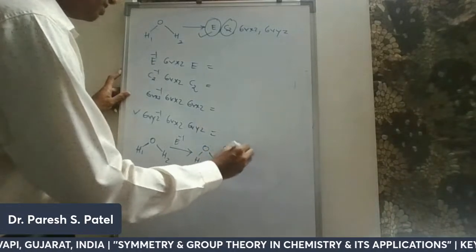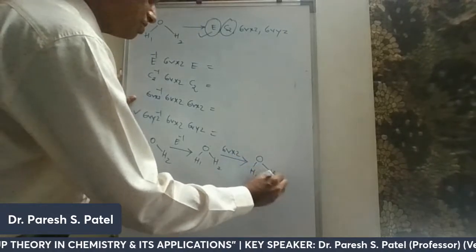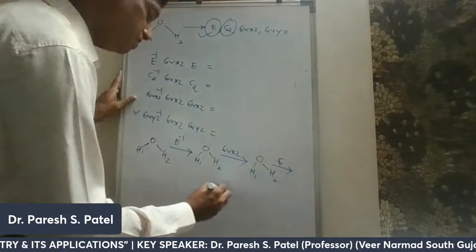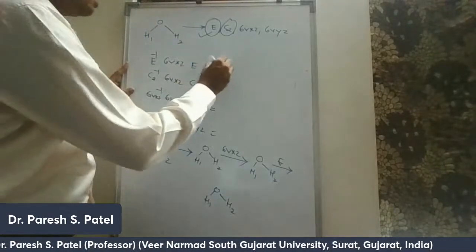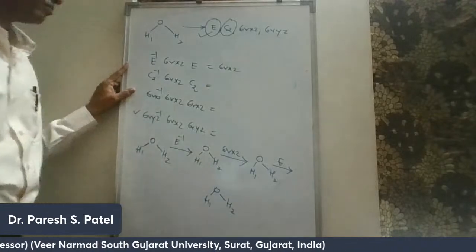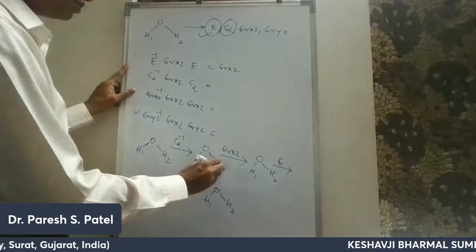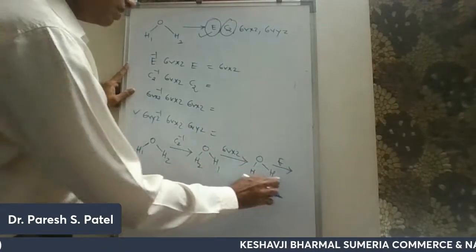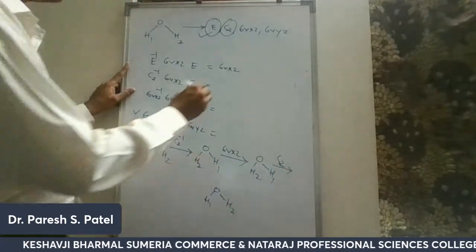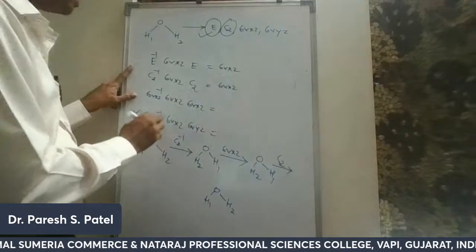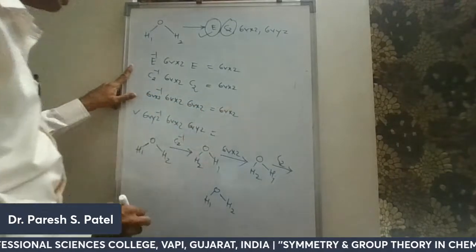Sigma V XZ. So there is no change in the position of this hydrogen. Again, identity to give H1, H2. So the overall result is sigma V XZ. Similarly, if we operate C2 inverse to change the position of this hydrogen, again sigma V XZ to give 2 and 1. Again C2 to give H1 and H2. So the overall result is sigma V XZ. Sigma V XZ inverse, sigma V XZ, sigma V XZ. So the overall result is sigma V XZ.